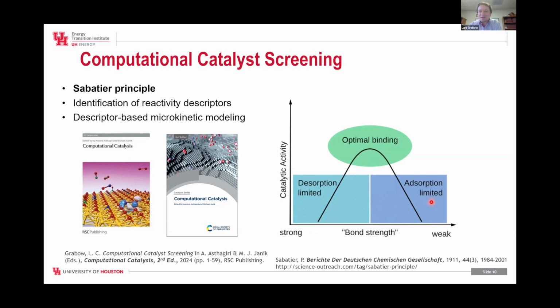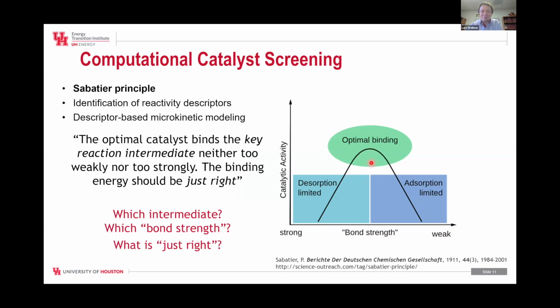Then we have essentially an inert material in the electrolyte, and there's no reason for any of the reactants to adsorb. So there's a happy optimal value somewhere in between. But for each different reaction, it's always the question, well, what is the descriptor, right? And what is the right value for that descriptor? What does it mean to bind these intermediates just right?